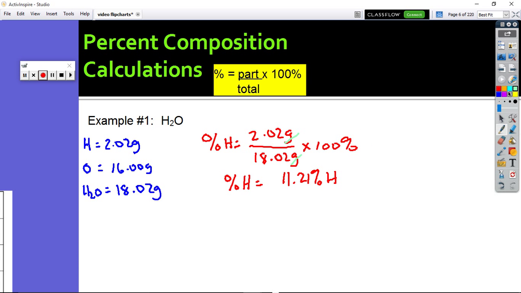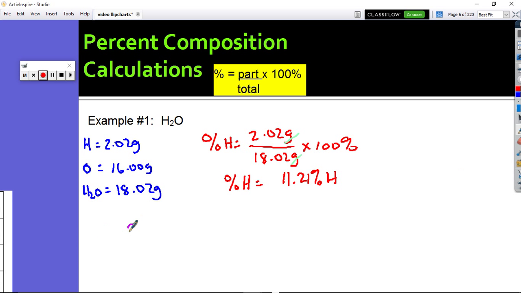Okay, let's try the oxygen one now. Percentage of oxygen is, looking at the formula, the part we're studying, which is oxygen, and that part is 16 grams. Divided by the total, which is water molecule, or 18.02 grams. When we're done doing that, we're going to times it by 100.